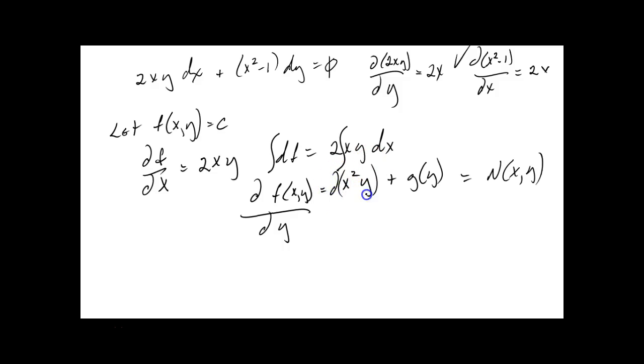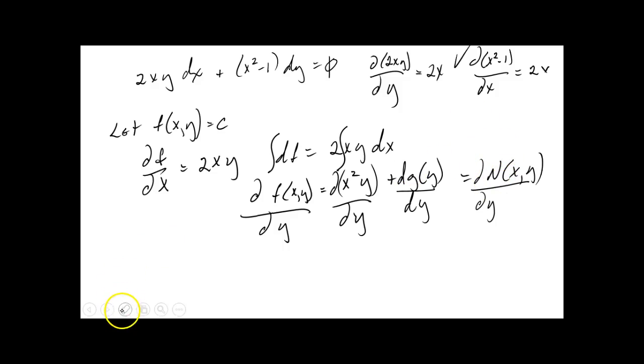Take the partial of this thing with respect to y, which we know to be x squared minus 1, because that is your N. We know what N of x is.